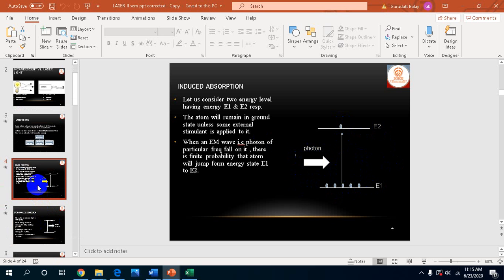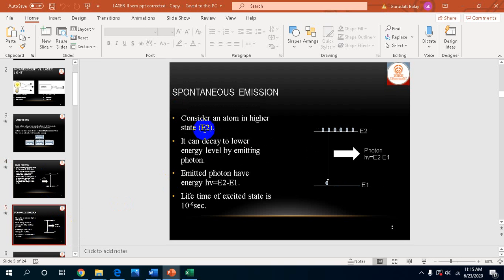Next is spontaneous emission. From the name itself, it is very clear that the process occurs without any time delay. As soon as the atom reaches the excited state, it can't stay there for a long time, so it has to come down to the lower state.